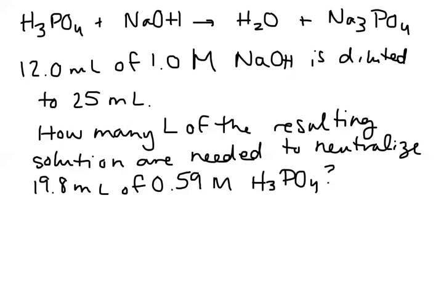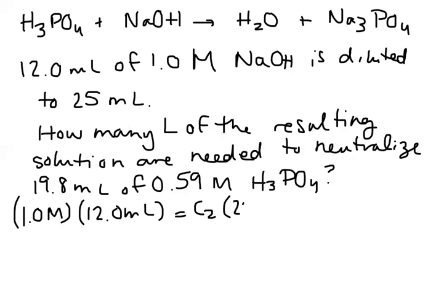I'm going to go over this. My first step has the word diluted in it, which means it's what? Solution dilution. Okay, so your C1 is 1.0 molar, your V1 is 12.0 mL, your C2 is unknown, and your V2 is 25 mL.